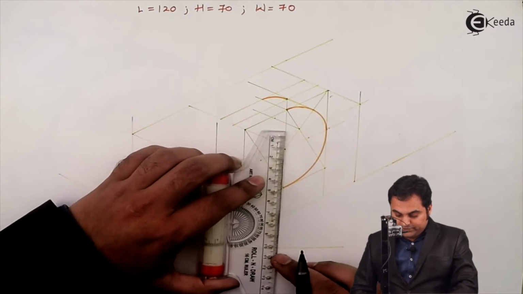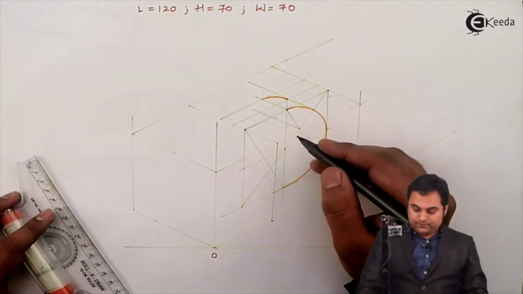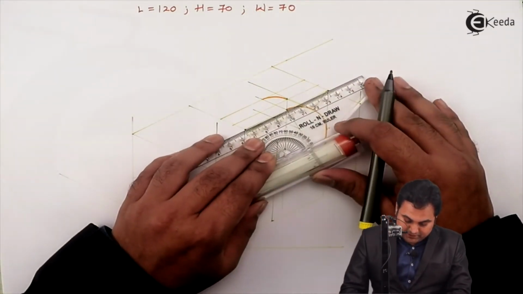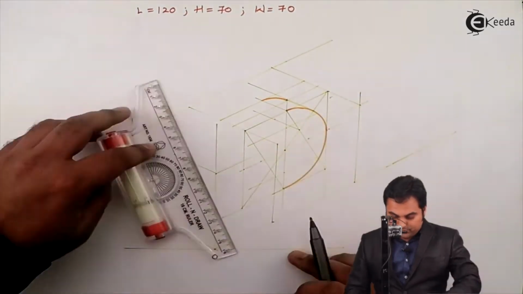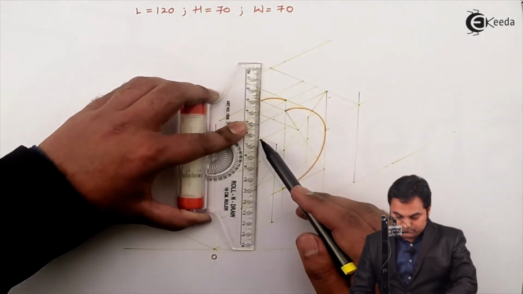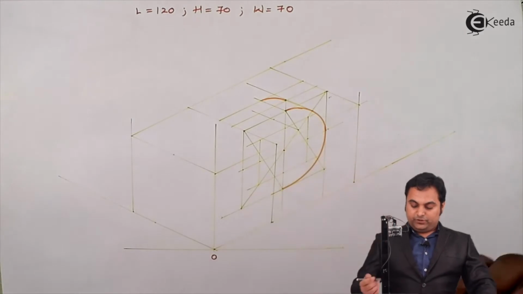Next 20-20 on the other side as well. Then from these points I need to draw parallel lines to complete the parallelogram. Then vertical lines. So here is the parallelogram inside which the circle should be drawn.